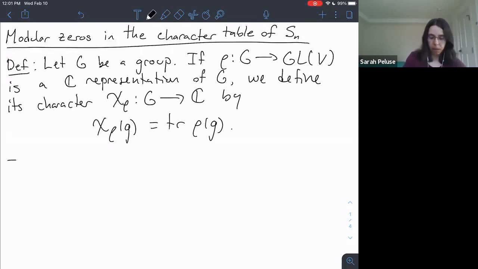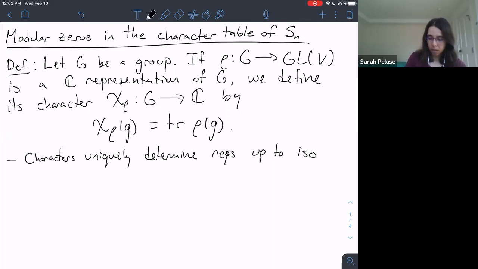The character of a representation uniquely determines it up to isomorphism, just by the orthogonality relation for characters. You can just read off the irreducible representations that appear in your representation if you know the characters.